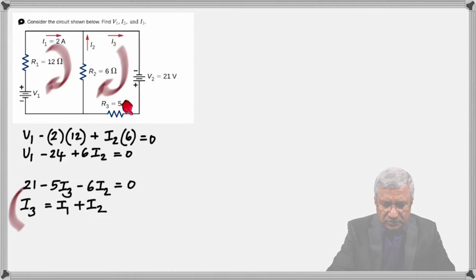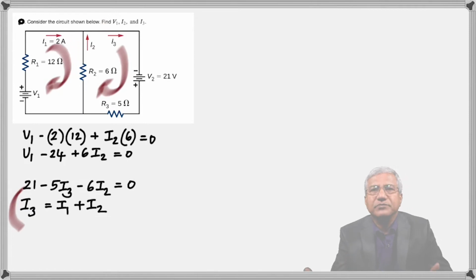It's plus 21, since we're going down with the current, minus 5 I3 minus 6 I2 is equal to 0. So if you're moving the same direction as the current, it's the negative of the product of the current and the resistance. You just got to be careful.